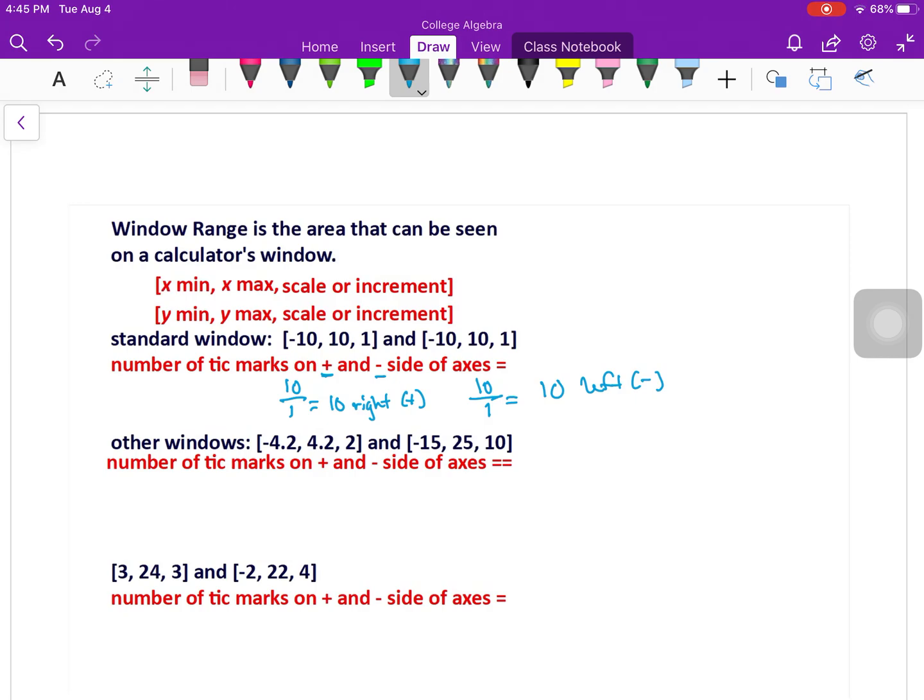Likewise, on the y-axis and the x-axis, it also goes from negative 10 to 10. So negative 10 to 0 is 10 tick marks down and 10 tick marks up.